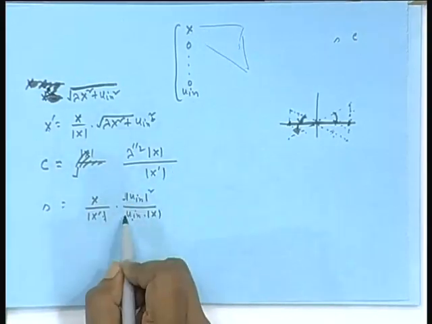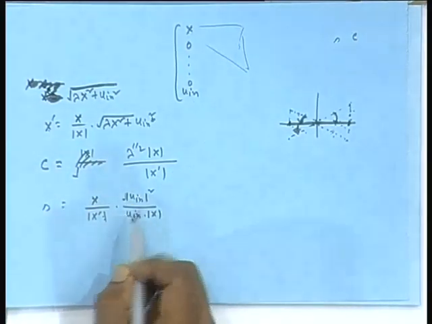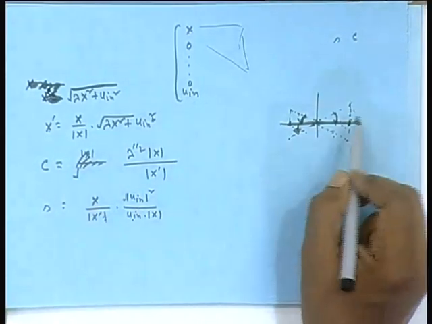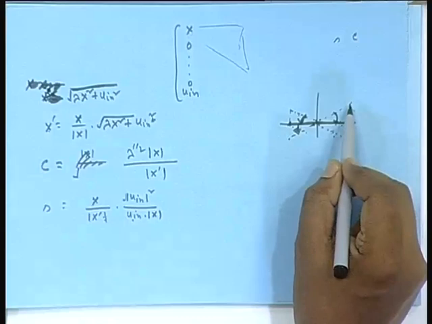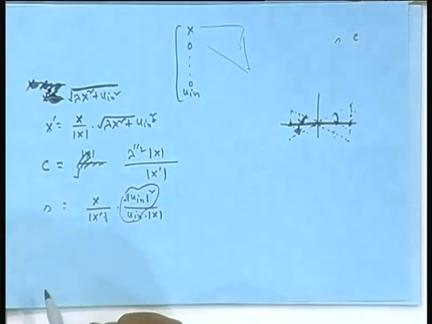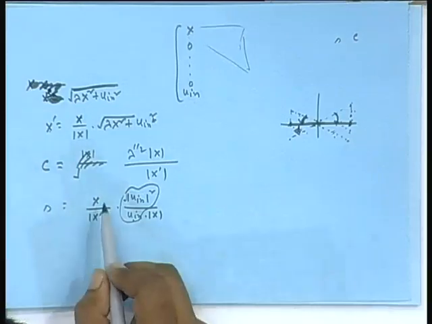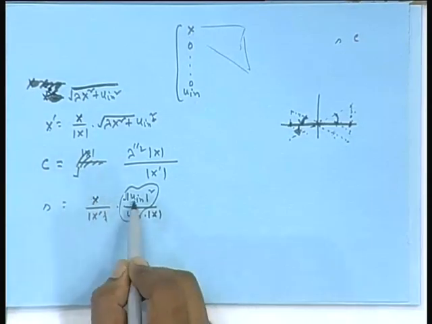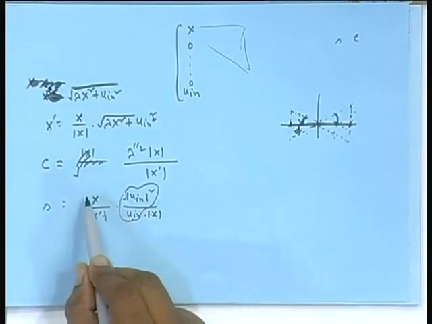What will that be? This has the sign. So, the mod is the magnitude, and if it is in this direction plus, in this direction minus, that will come up in this ratio. Okay. And this will be plus if x is plus, minus if x is minus.